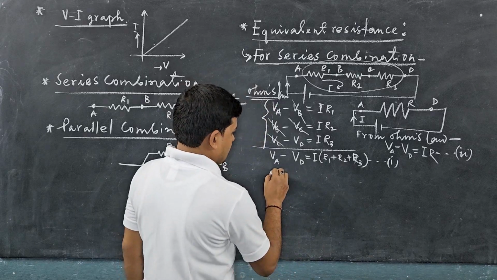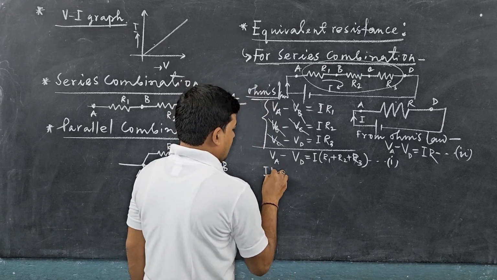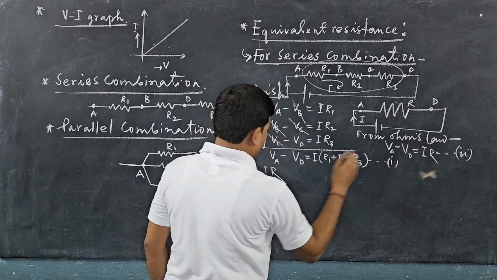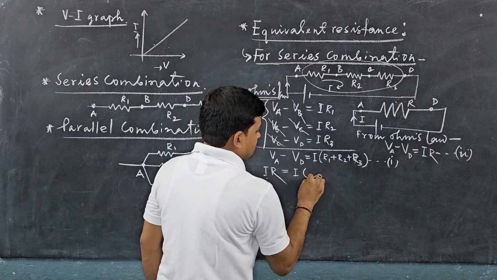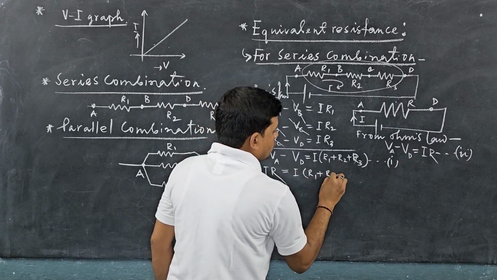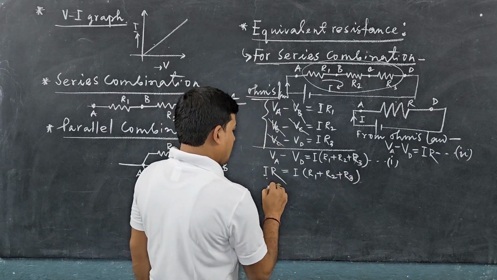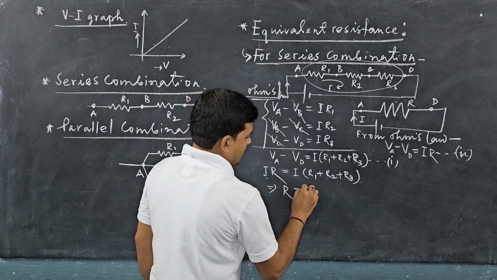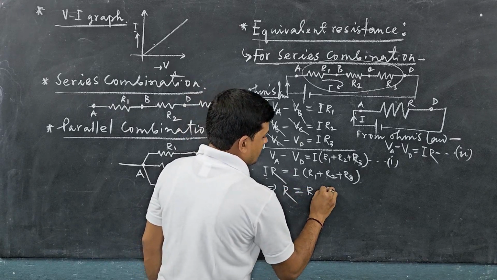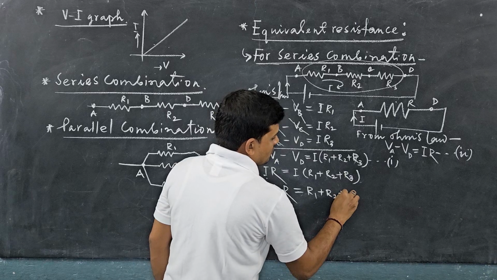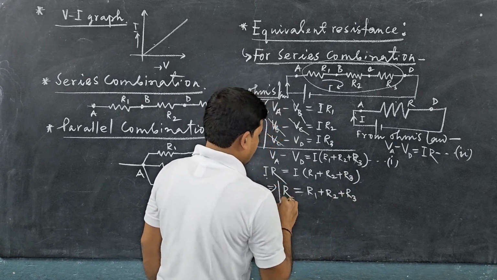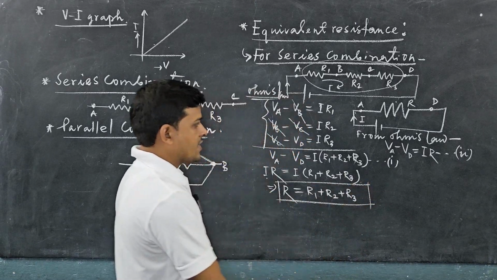So from equations 1 and 2, we can write I capital R equals I times R1 plus R2 plus R3, because three resistors are connected here. The result shows that the equivalent resistance will be the algebraic sum of the resistors connected in series combination.